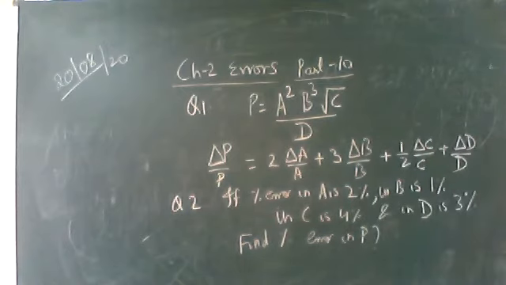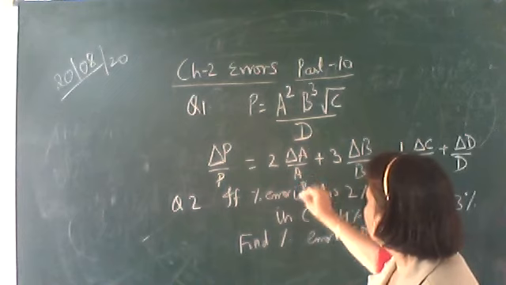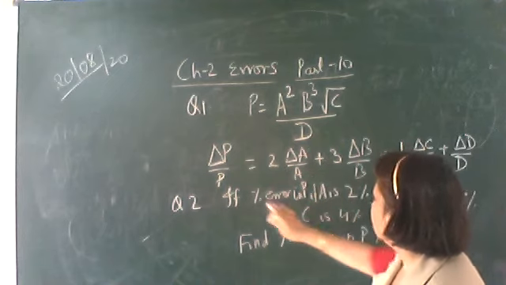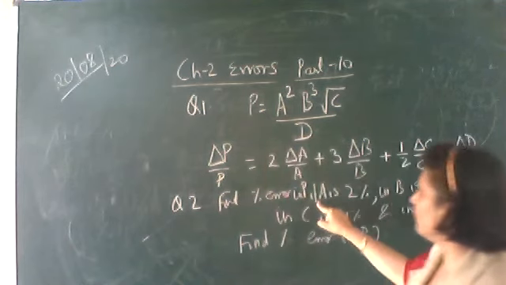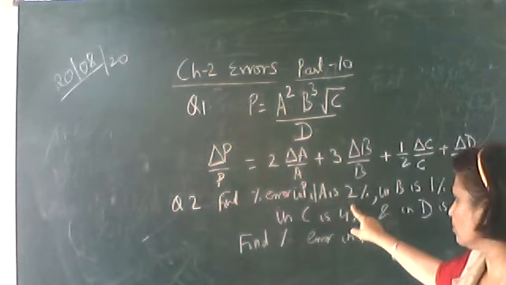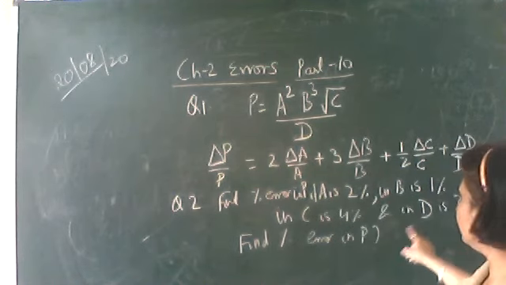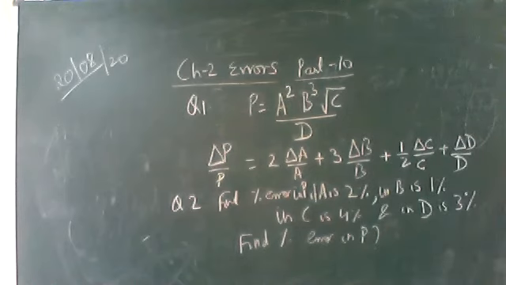I give you 30 seconds. If the percentage error in A is 2%, in B is 1%, in C is 4%, and in D is 3%, you have to find out the percentage error in P.